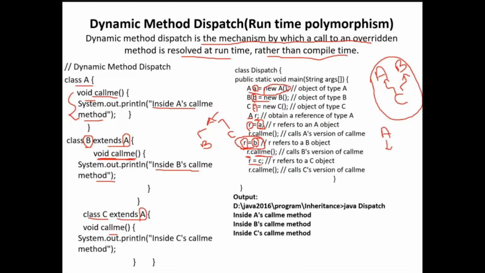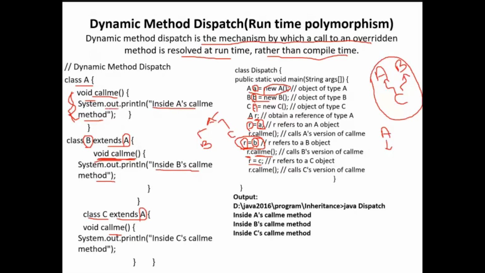Ma'am, for overriding purpose. If a derived object is used through a base class reference, I can only access the overridden method. So for overriding purpose, we have to keep the pure virtual function in the base class. In the same way, if this method was not there, then I cannot call the B class call me and C class call me by using A class reference.